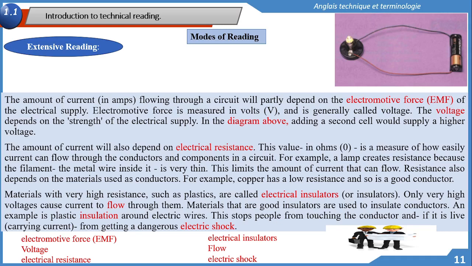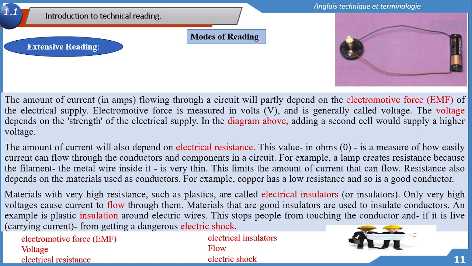You grasp or explore that electrical resistance, measured in ohms, affects how the current flows through the conductors and components. You see how resistance is influenced by factors like filament thickness and conductor materials.